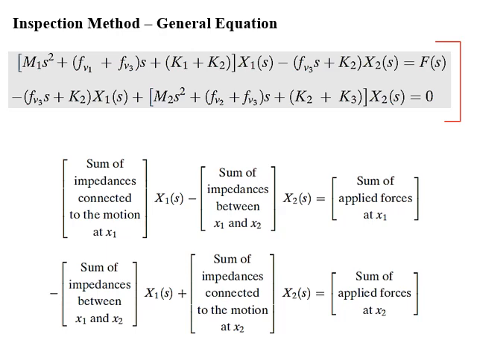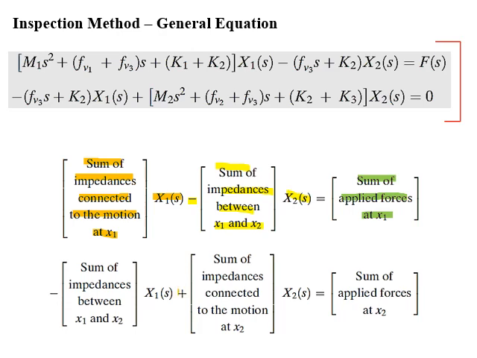The first part of this equation contains the sum of impedances which are directly connected to the motion of x1 multiplied by x1 of s, subtracting the sum of impedances between x1 and x2 multiplied by x2 of s, and this equation will be equal to the sum of externally applied forces at x1.